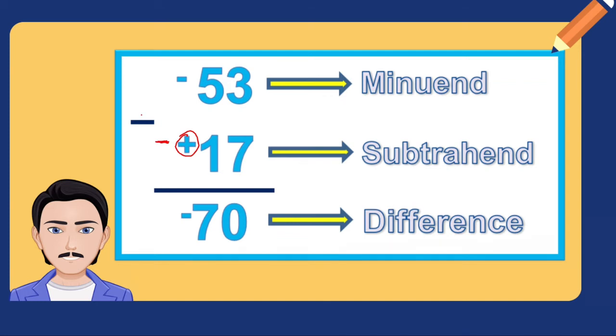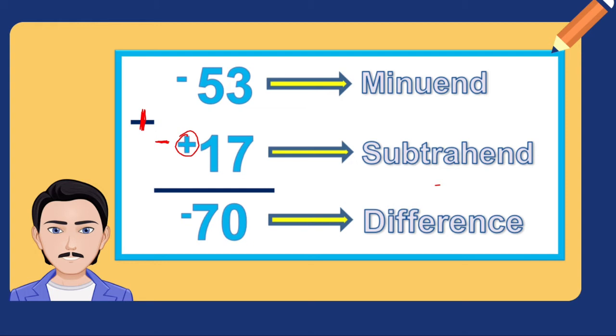Then, we will proceed to addition process. Yan, this will become plus. Then, kung nare-recall natin yung ating addition process, in adding integers having like signs, we add their corresponding numbers and then we copy the sign. So dito, in-add natin yung 53 and 17, kaya natin nakuha si 70 at kinopya natin yung sign na negative.